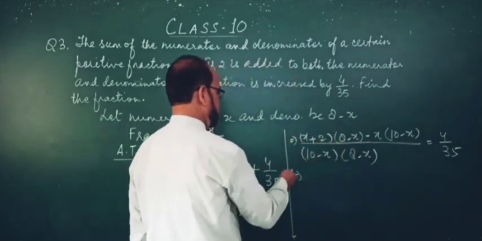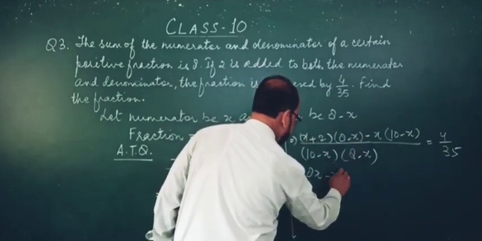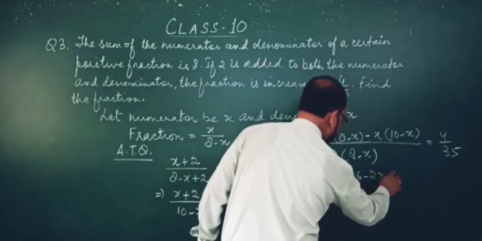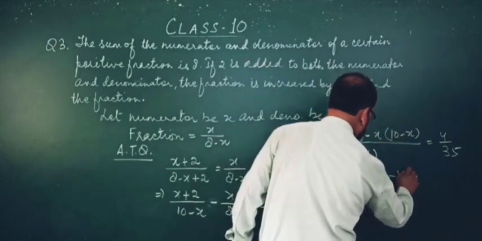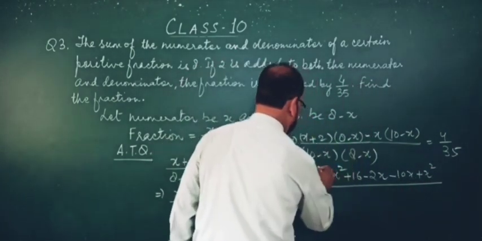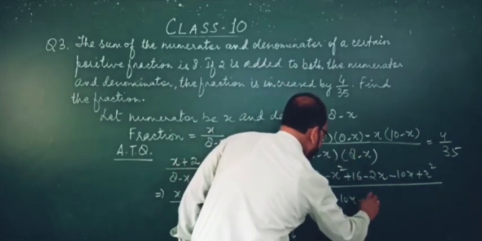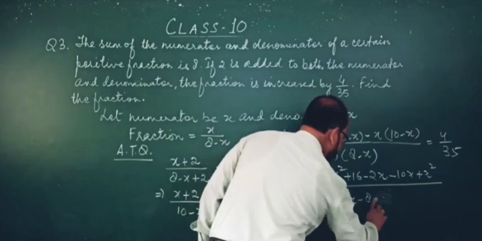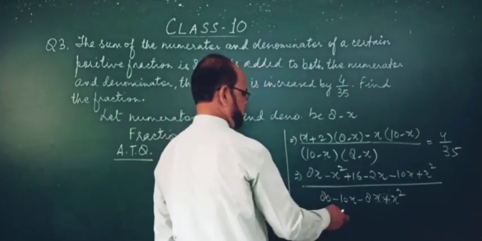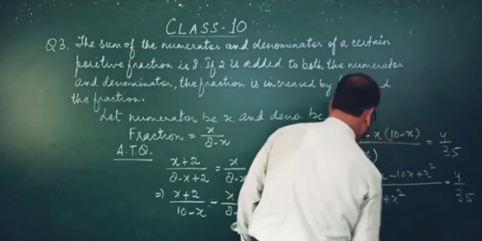Now our job is to multiply here. So x and 8 will give you 8x, x and minus x will give you minus x square, 2 and 8 will be 16, 2 and minus x will be minus 2x, here minus 10x and plus x square, upon here we will multiply 10 and 8 to give 80, minus 10x, minus 8x and plus x square, equals 4 upon 35.